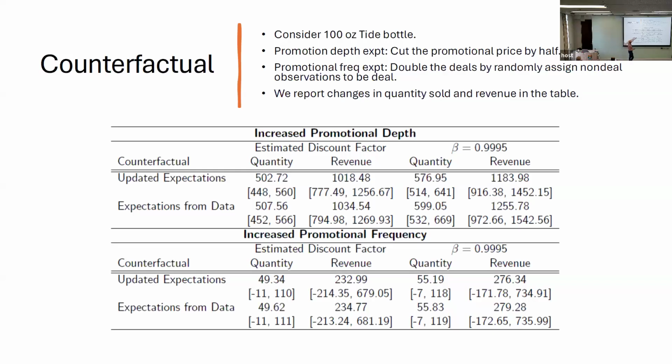What we show in this table are the changes in quantity demanded and also the changes in reference prices. Just highlighting the promotional depth results, what we see is that when you fix the discount factor at the conventional values, basically everything gets a little bit overestimated, or overpredicted. And so we can play around with different things to see to what degree it really matters.